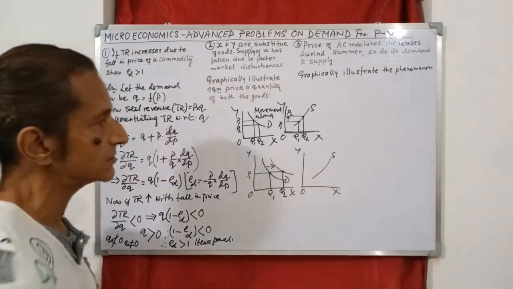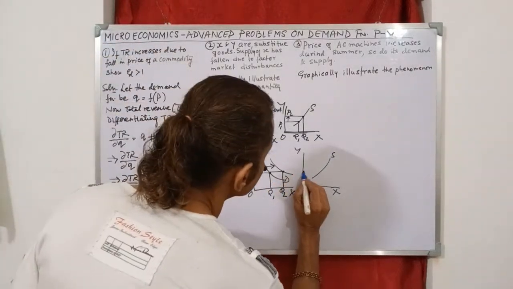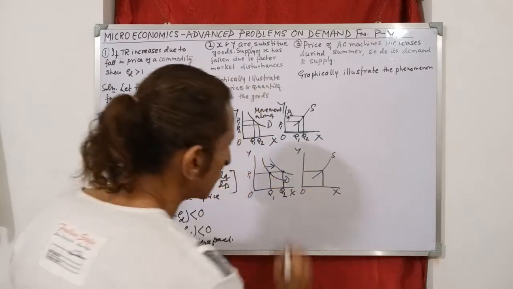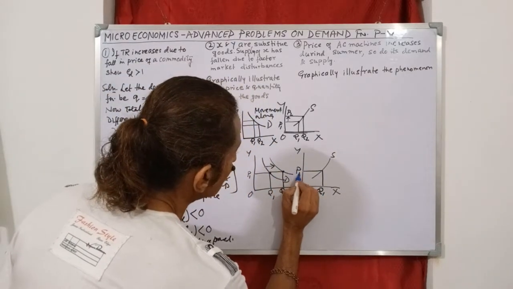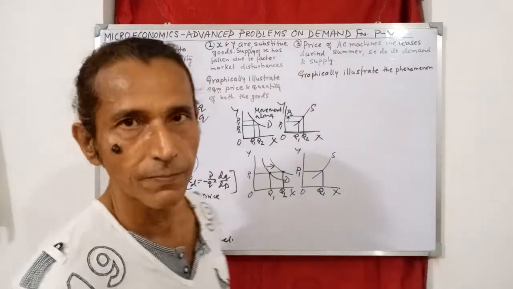The same thing will happen in case of supply curves. Suppose the producer is supplying OQ1 units at OP1 price. Correct?